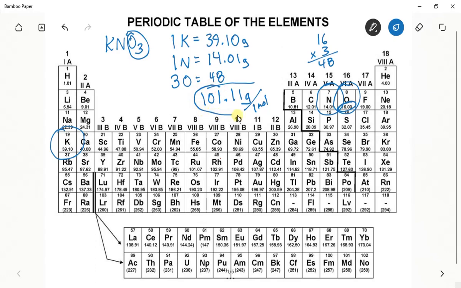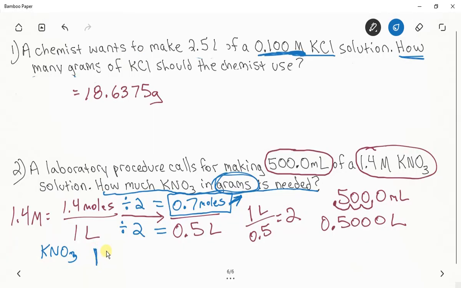So let's take this 101.11 grams per mole back to our practice problem. So 101.11 grams per mole. But we don't need an entire mole, do we? We need 0.7 moles.